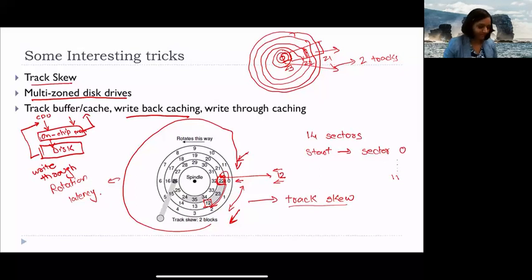While write-through caching is definitely way more reliable, even in case of power outage, because either a process would say that the data is safely written, or it would say that it's not written.